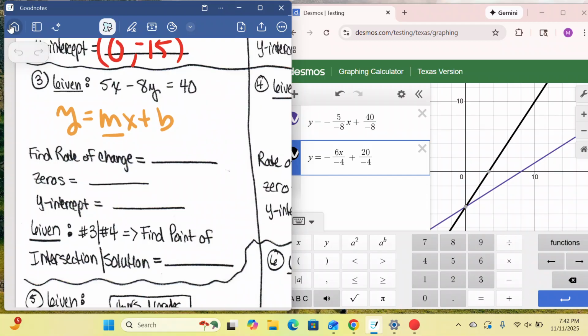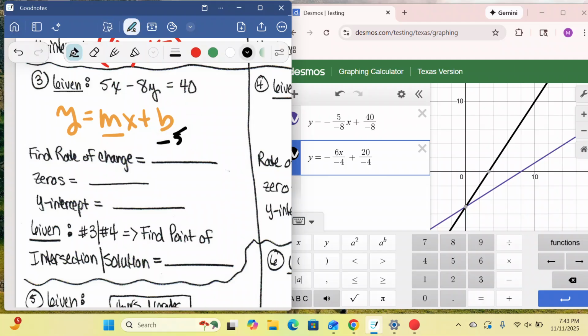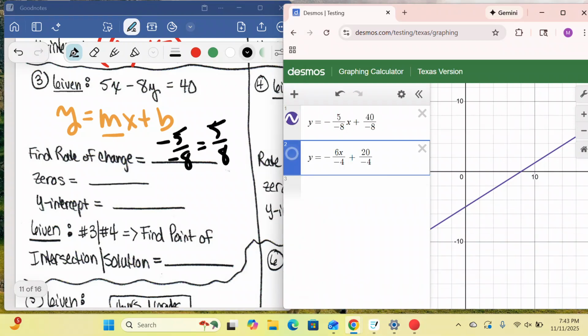My rate of change right here is next to the x. So my rate of change is negative 5 divided by negative 8. I can also put it as 5 divided by 8 because remember a negative and a negative is a positive. So my rate of change is 5/8. I just want to look at the first one, so I'm going to unclick the second one here on Desmos and concentrate on my first one.